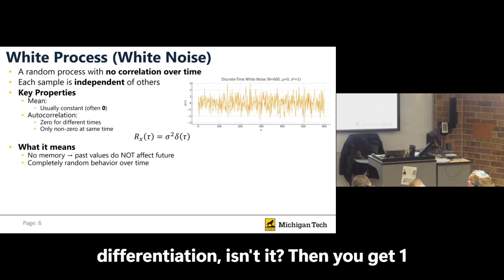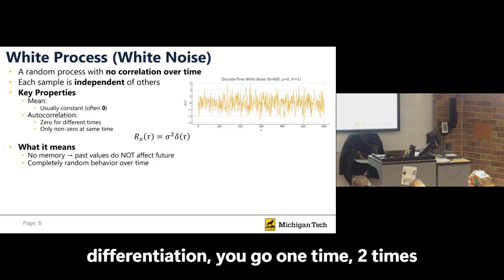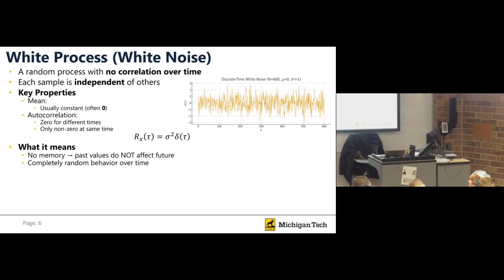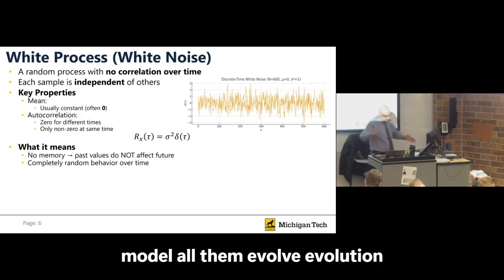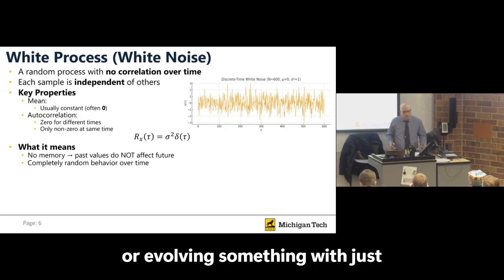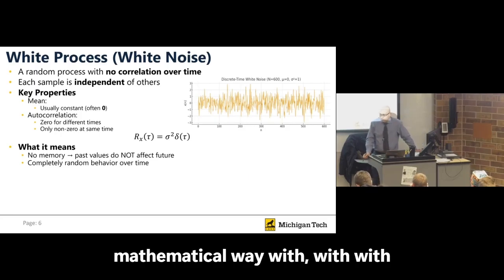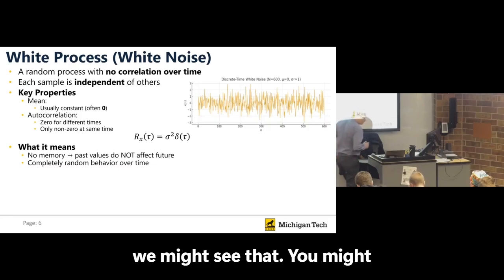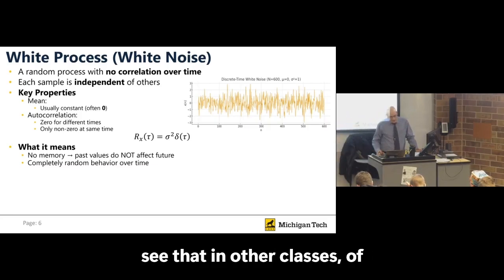When you take one derivative you go one step, two derivatives you go further. This is how we can model evolution mathematically, with differential equations. You might see that in other classes, of course.